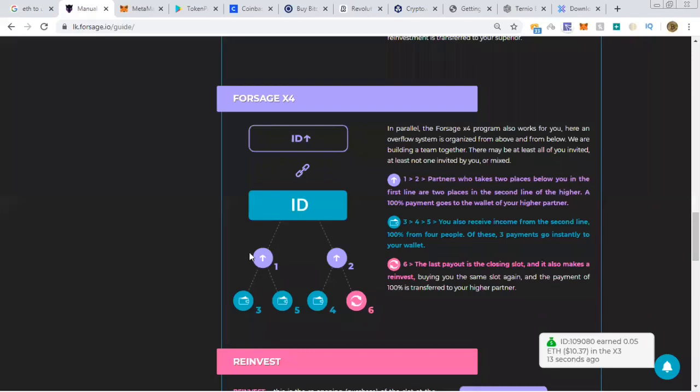But yes, these do cycle out to partners sometimes, for someone who's not in your direct referral line, or whatever the case is.